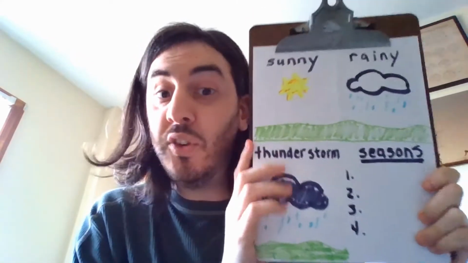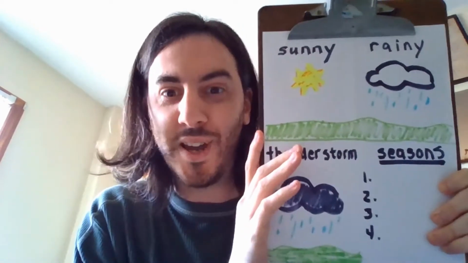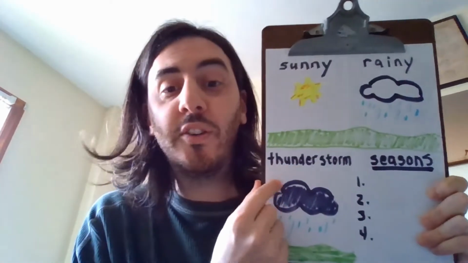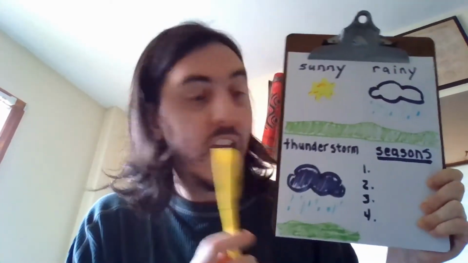Again, if you need more time drawing this stuff out, it's okay to pause the video and catch up, and then unpause once you're caught up. We're not done yet. So for Thunderstorm, we're going to grab our yellow crayon or marker and draw some lightning.